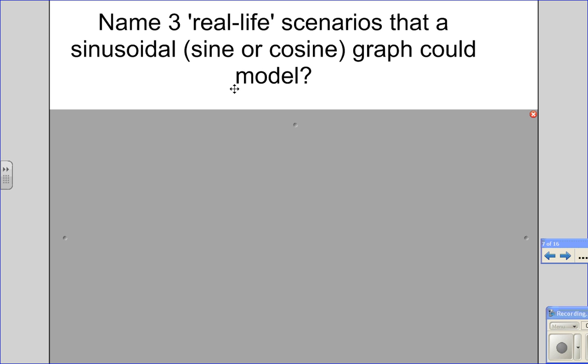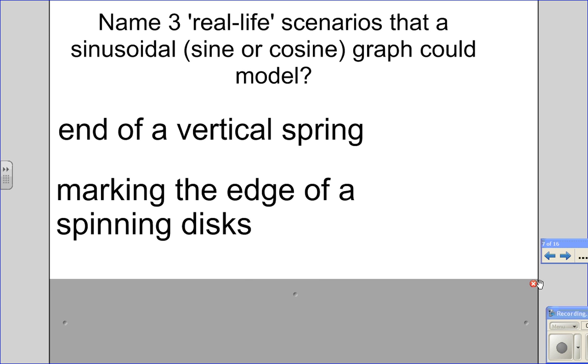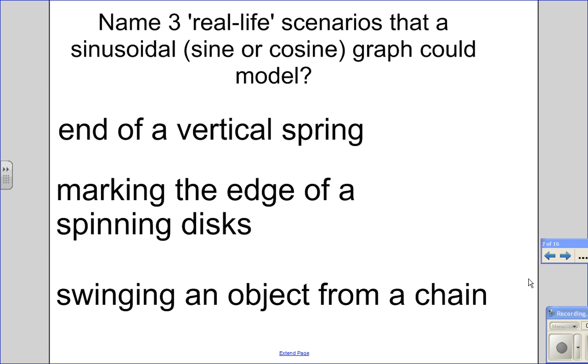Here we go. One of your response questions is actually to add to my list here. So reasons why sinusoidal graphs and trigonometry are important anyways. We know, we did last year, we did a Ferris wheel problem where we modeled the motion of a Ferris wheel with sine graphs. These are my things, the real life scenarios of a sinusoidal graph, of a cosine or a sine graph.